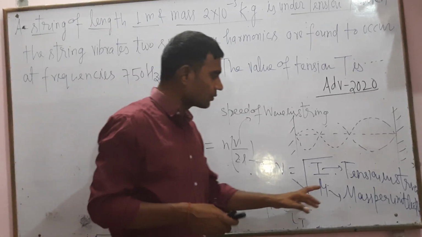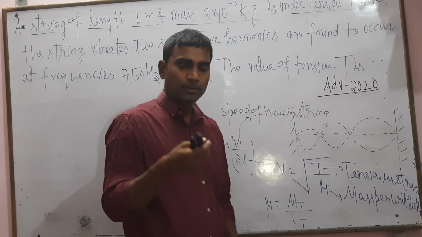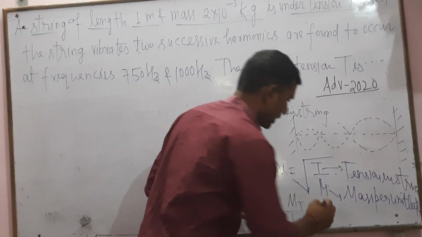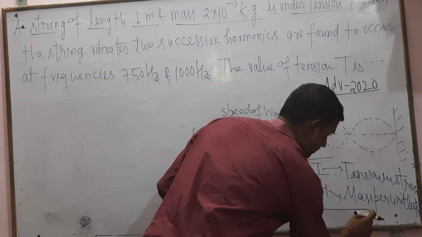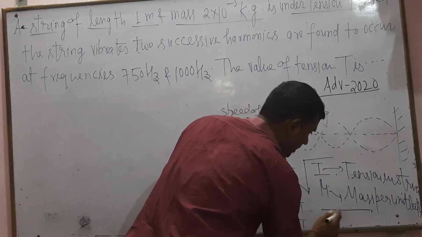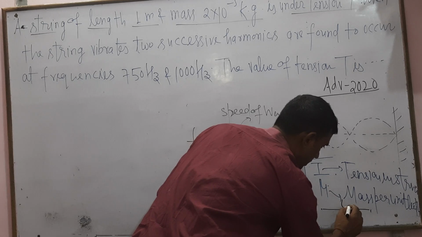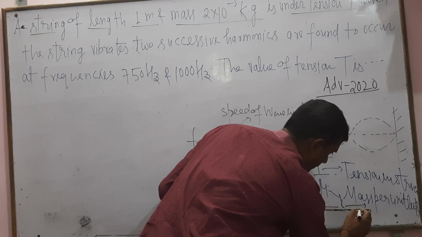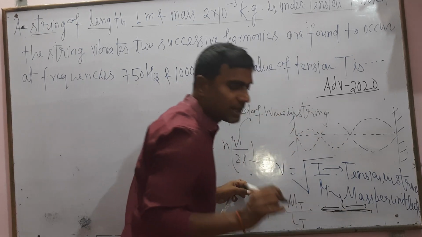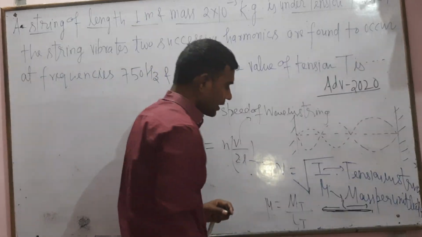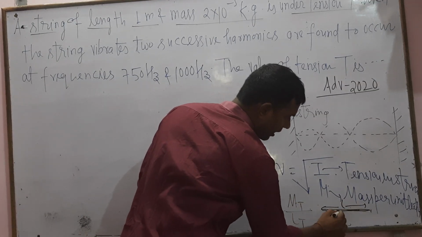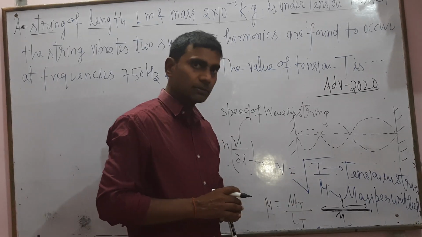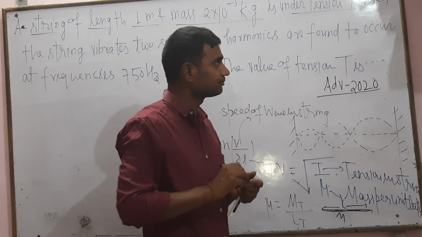In this question, mu is the mass per unit length of the string. If the length of the string equals L, and the mass is distributed uniformly, in the same cross-sectional area, then total mass upon total length is the mass per unit length, and T is the tension in the string.